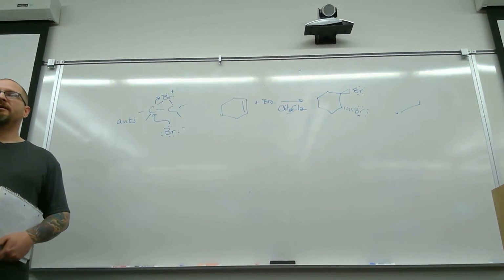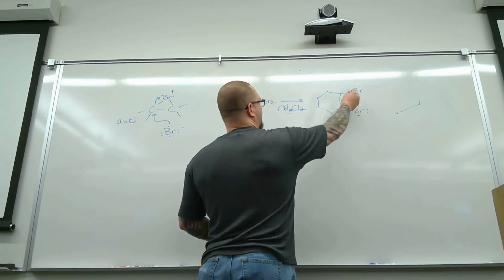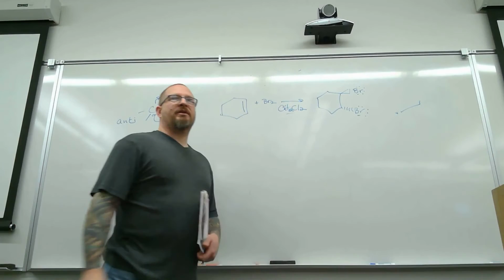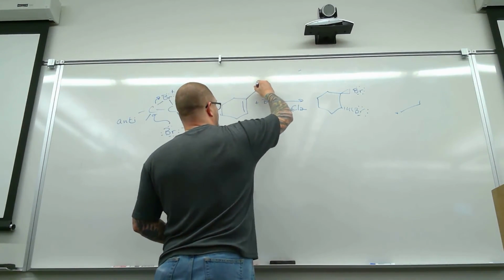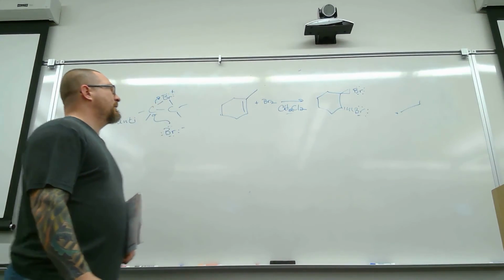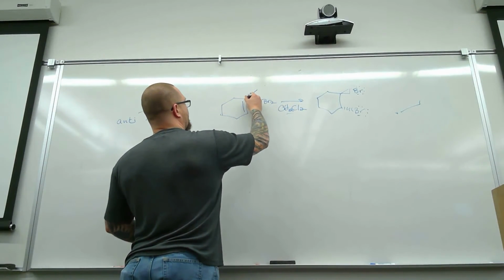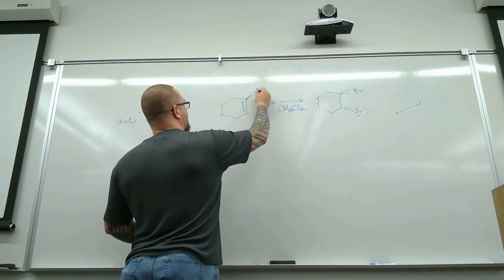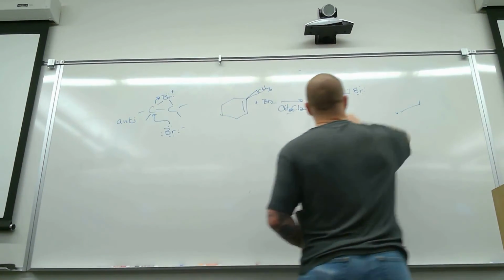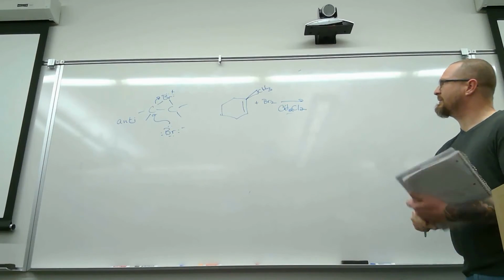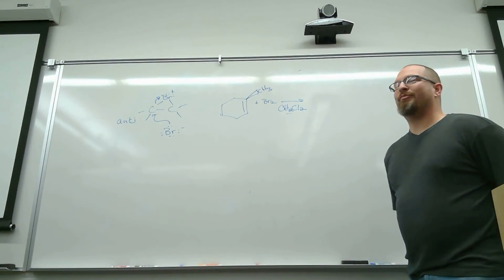I would normally draw a combination of products, except that if I draw this down and this up, they'd still be superimposable because of the particular product. If we did this one, let's predict this one. What would the product be?